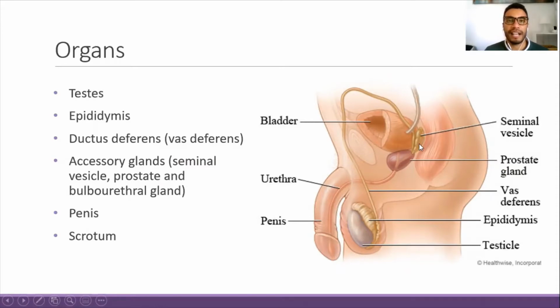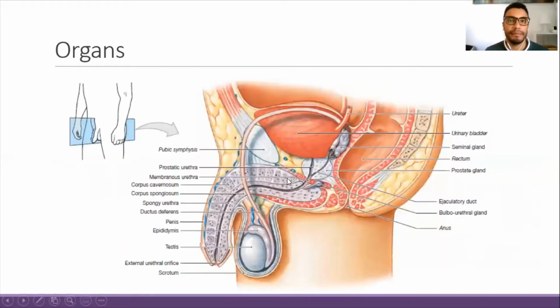There are a couple of them: the seminal vesicle, the prostate, and the bulbourethral gland. They compose the accessory glands that secrete substances that will form semen. The penis and the scrotum are the external organs of the male reproductive system.